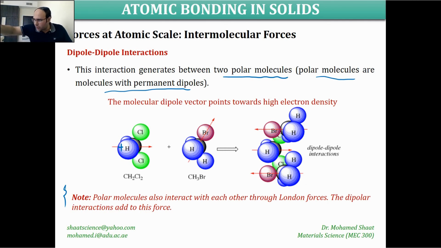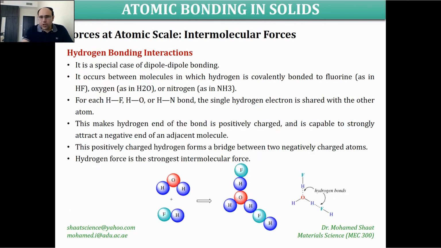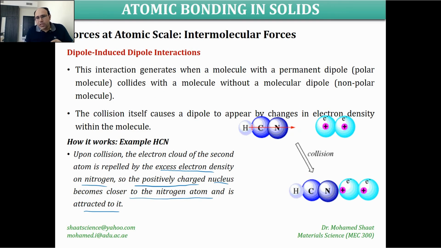One is induced upon the collision. The second one is permanent dipole. So if we consider this fact, this polar molecule has two dipoles. One is induced, the second one is permanent. And this is a non-polar molecule.